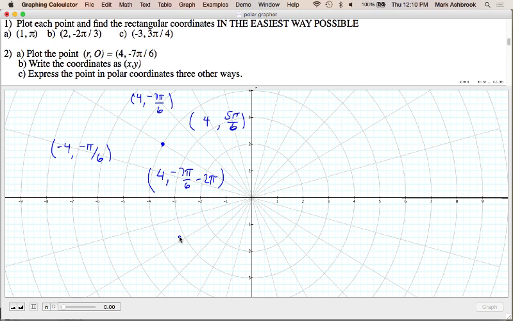Okay, get the picture? We do the same thing with this. We could do 4 and 5 pi over 6 plus any multiple of 2 pi. So I can say 2 pi k, where k is any integer. That's how we get an infinite number of ways to write this point. I could keep adding 2 pi to 5 pi over 6, and it takes me back to that same angle. Go 4 out, and you've got the same point.